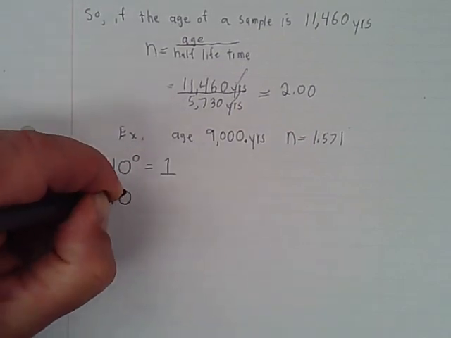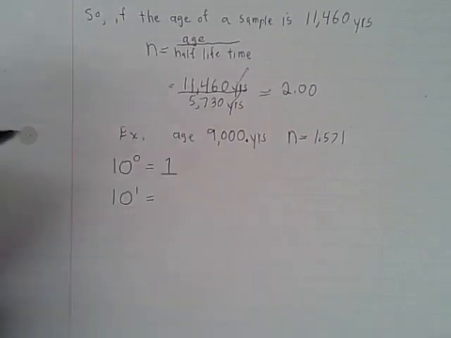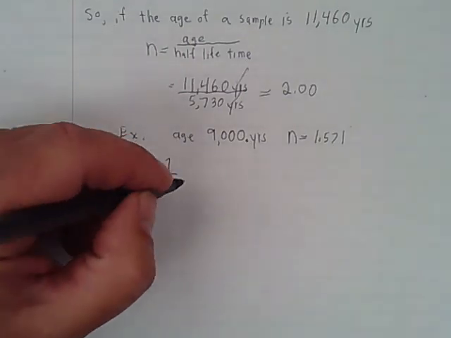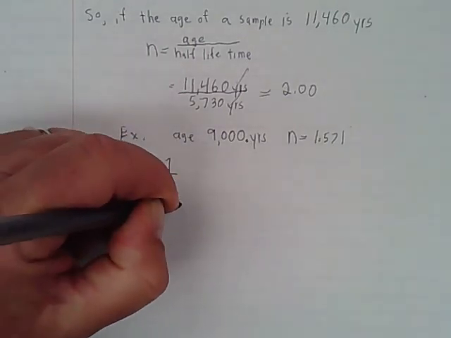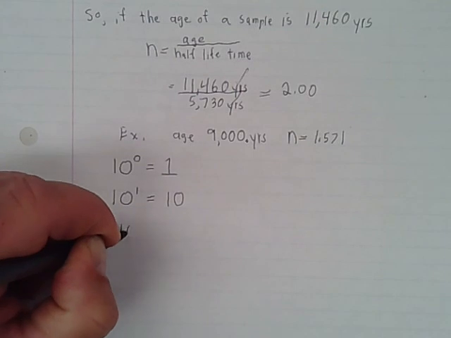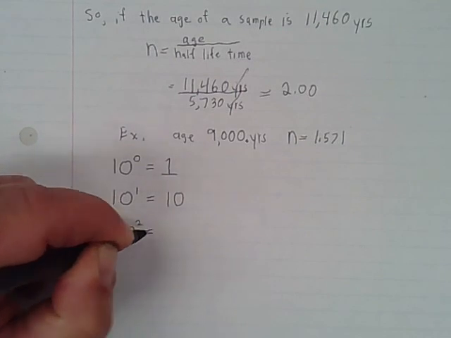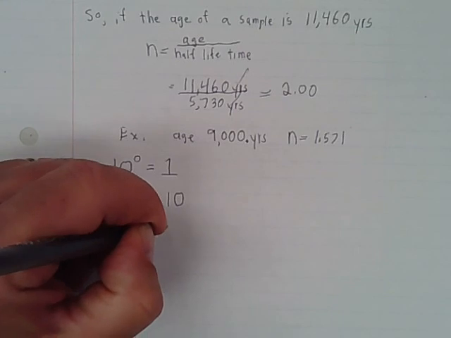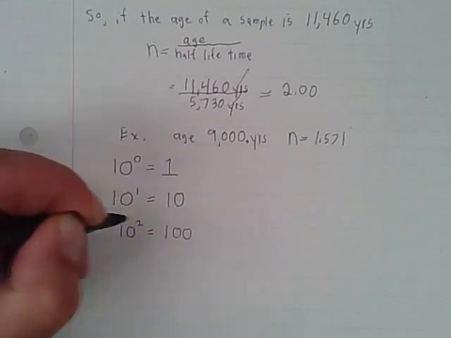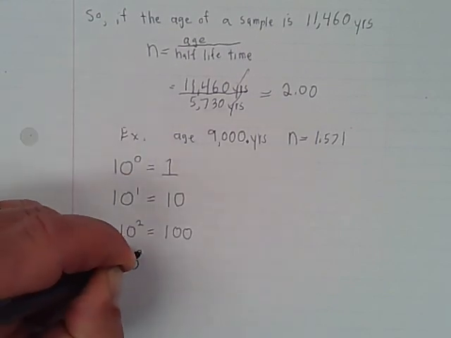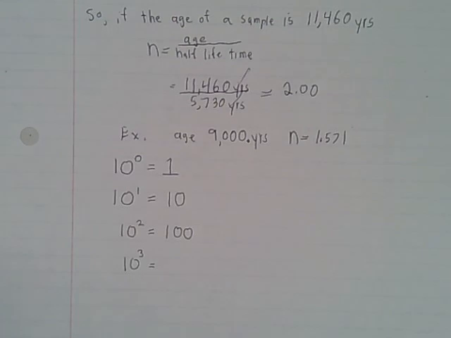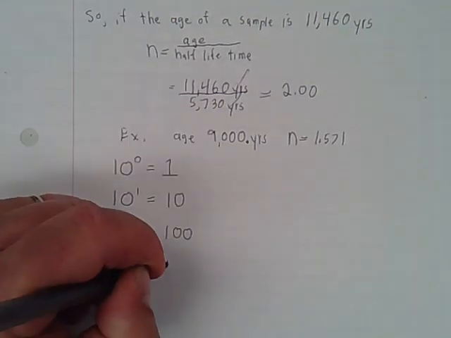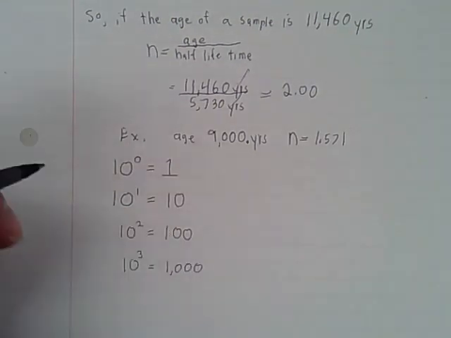What then, pray tell, is 10 to the first power? Yes, 10 to the first power is indeed 10. 10 to the second power is 100. 10 to the third power is 1,000.